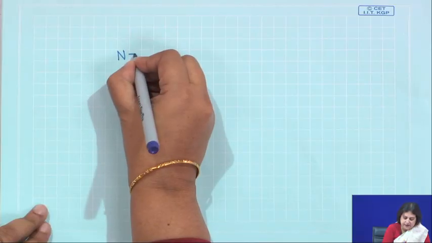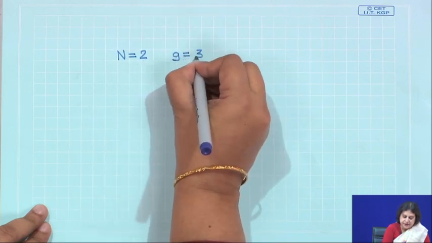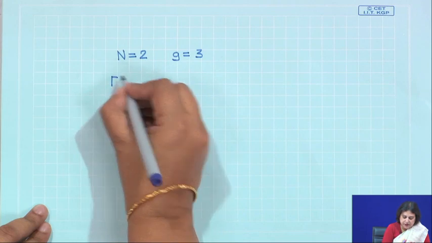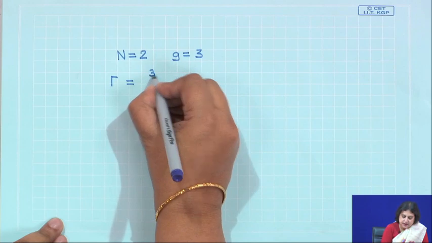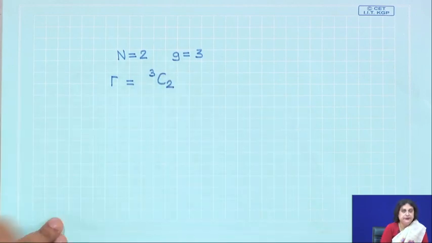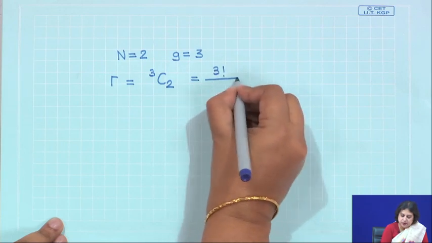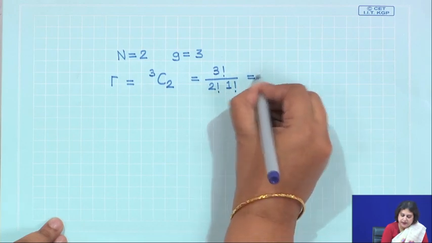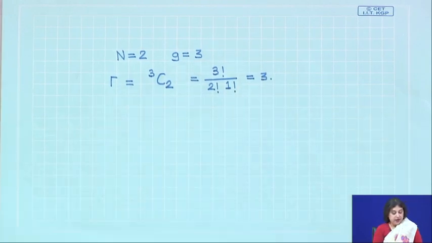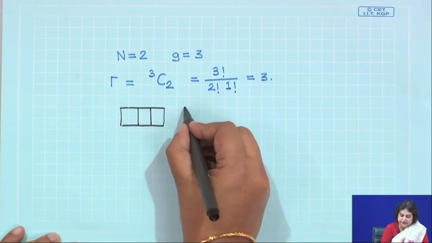When I have capital N equal to 2 and g equal to 3, then the number of microstates that are possible is given by 3C2, right, and this is nothing but 3 factorial divided by 2 factorial into 1 factorial, and this is equal to 3. And we have already seen that these 3 states are like these.